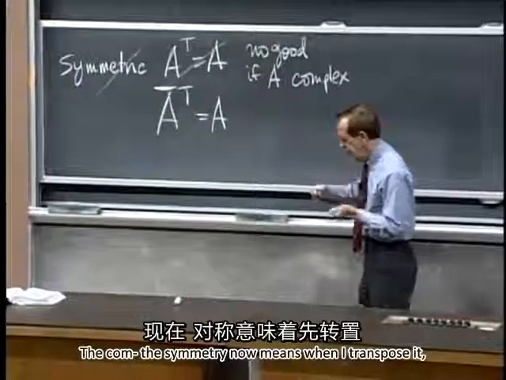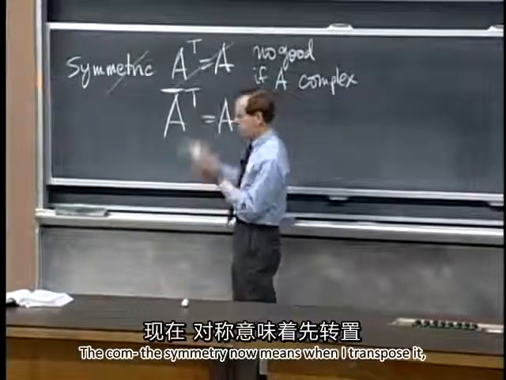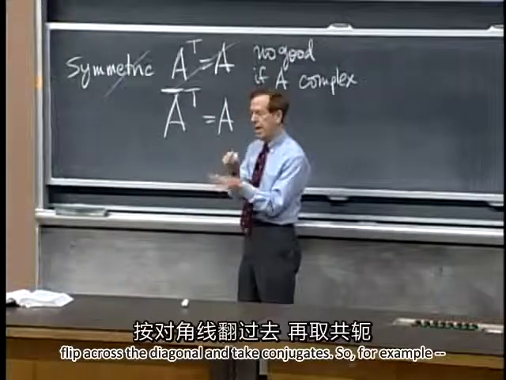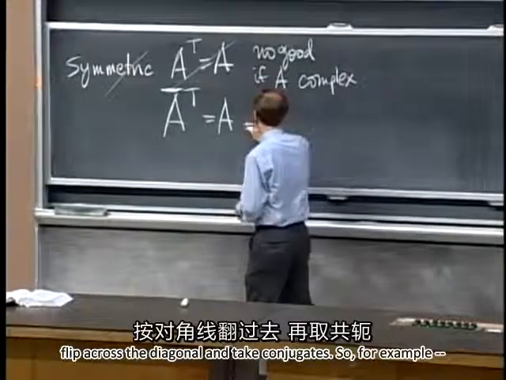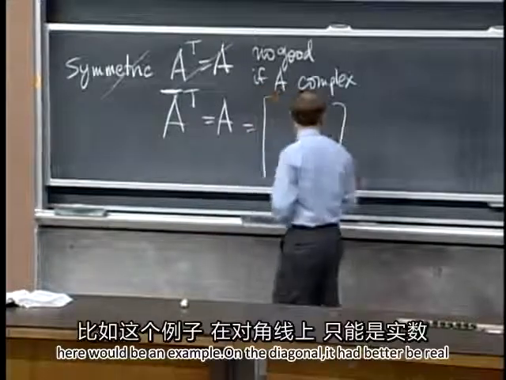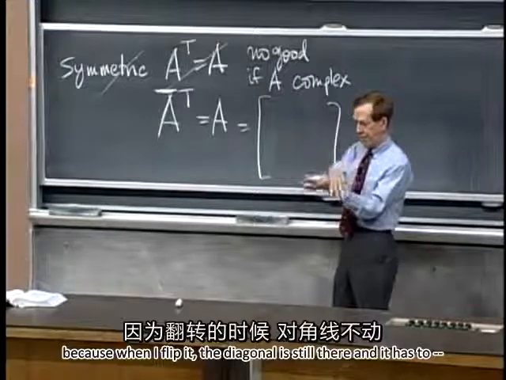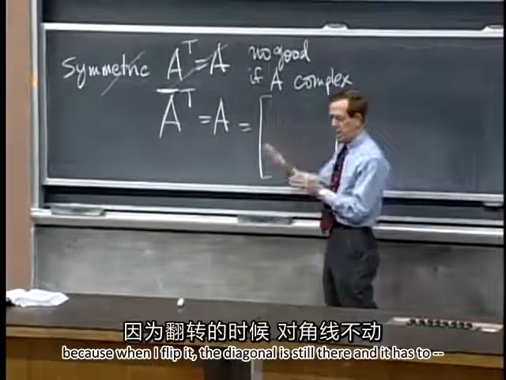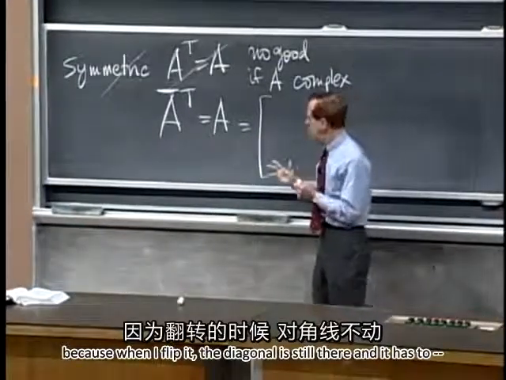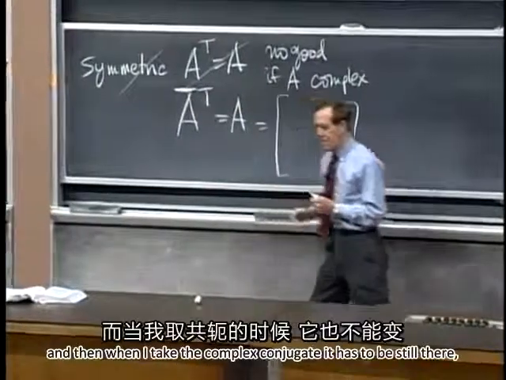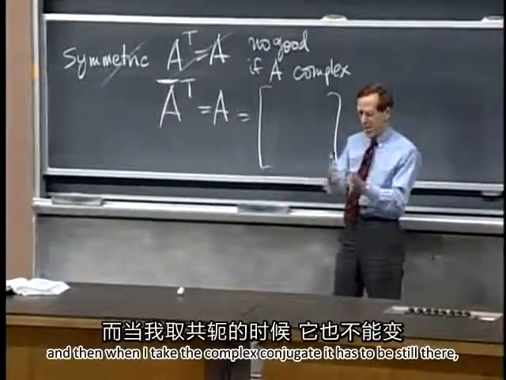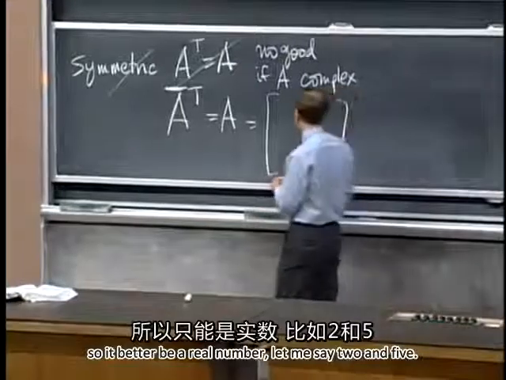The symmetry now means when I transpose it, flip across the diagonal, and take the conjugate. So for example, here would be an example. On the diagonal, it better be real, because when I flip it, the diagonal is still there, and then when I take the complex conjugate, it has to be still there, so it better be a real number. Let me say 2 and 5.